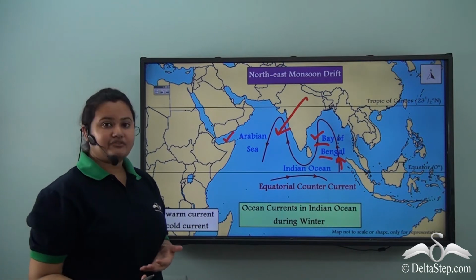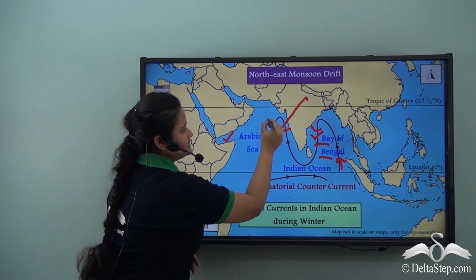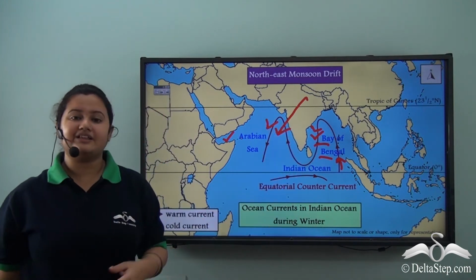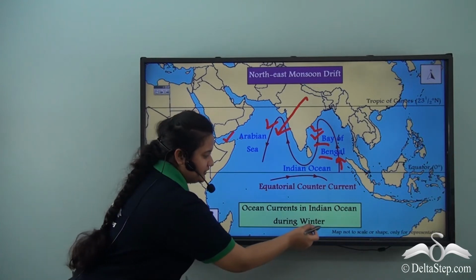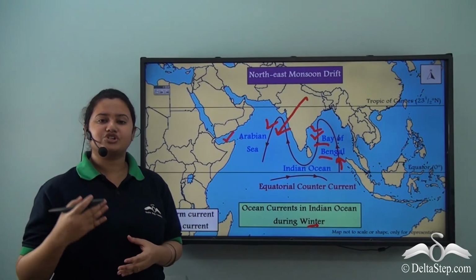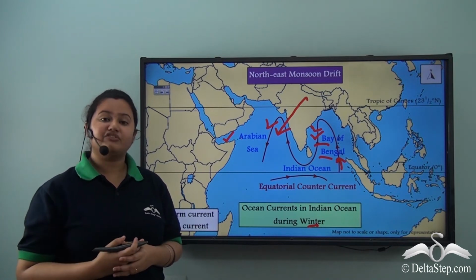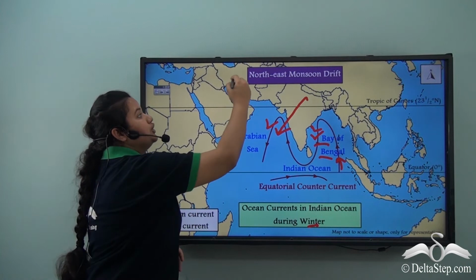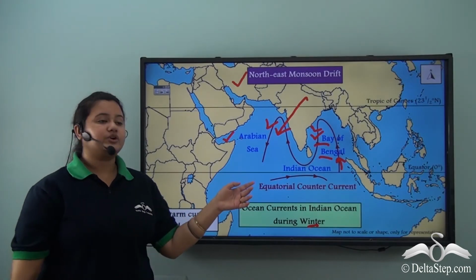Since the monsoon winds blow from the northeast direction, the ocean currents also blow in the northeast direction during winter. And therefore the ocean currents that are prevalent in the Indian Ocean during winter are called the northeast monsoon drift. We can again find the equatorial counter current.